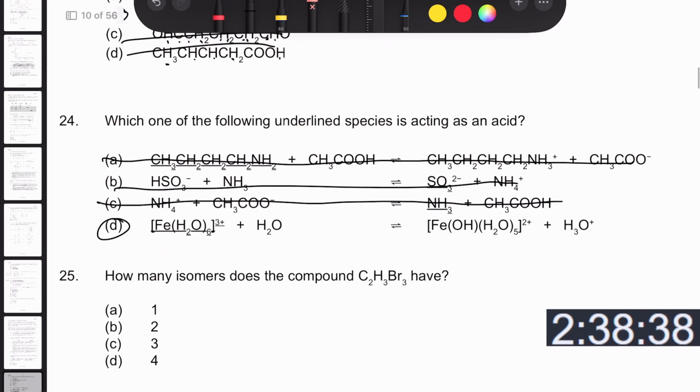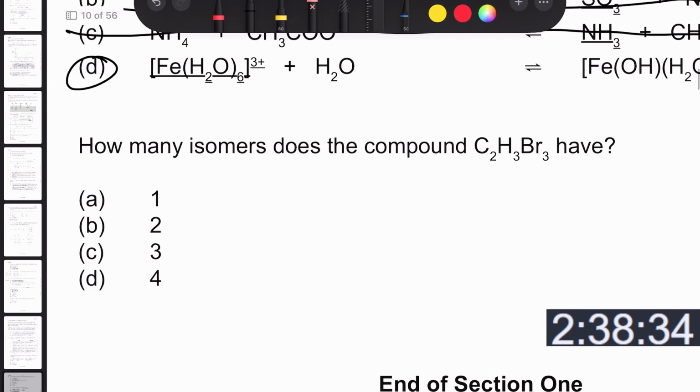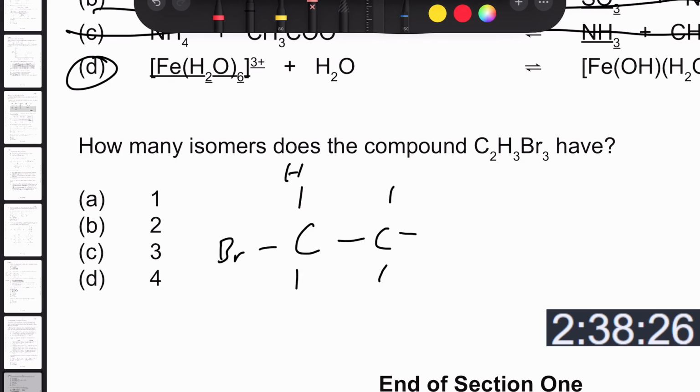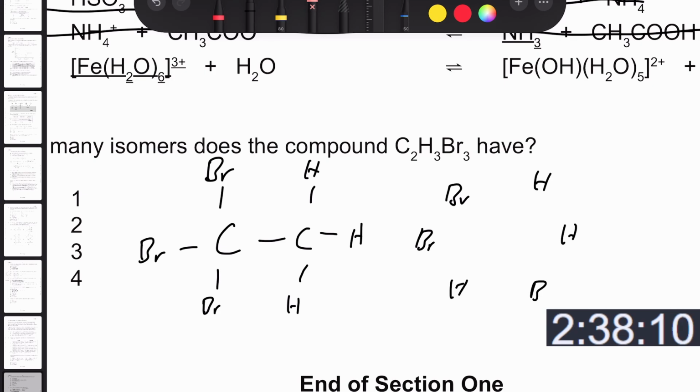How many isomers does the compound C2H3Br3 have? C2. So I can have H, Br. So I can have 3 Brs, 3 Hs. Or I can have Br, H, Br.